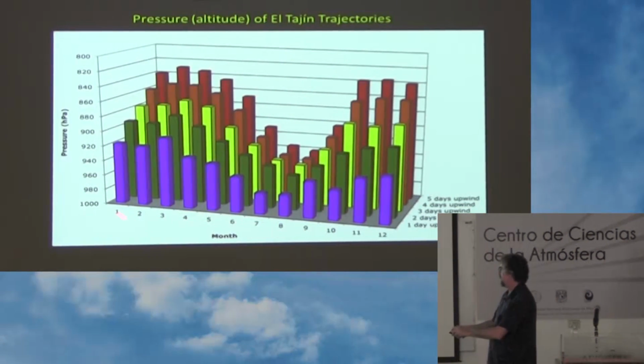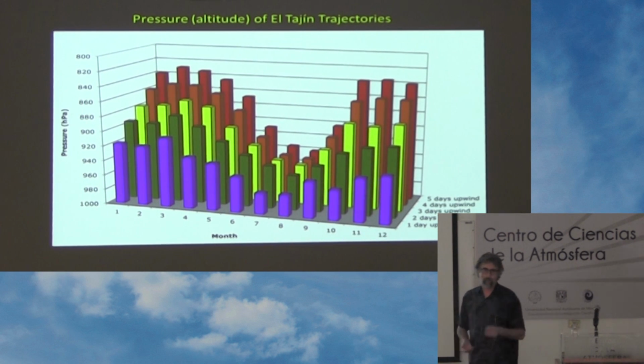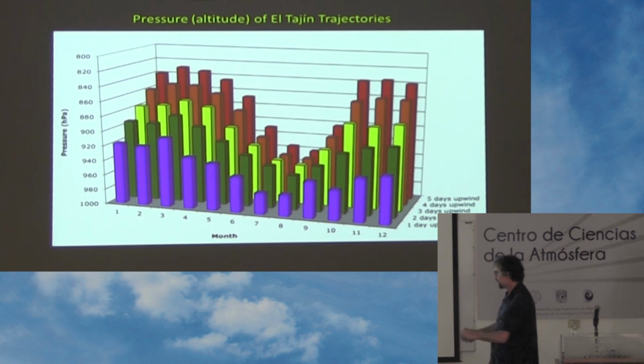So in this graph we have the months here, and this is altitude. Well, I'm a meteorologist, I always think about pressure rather than altitude, but essentially it is altitude. And these bars represent 1 day upwind, and then 2 days upwind, 3 days upwind, etc.